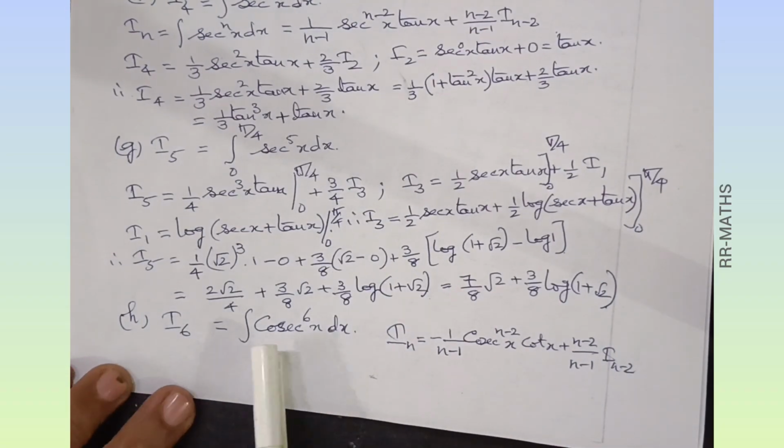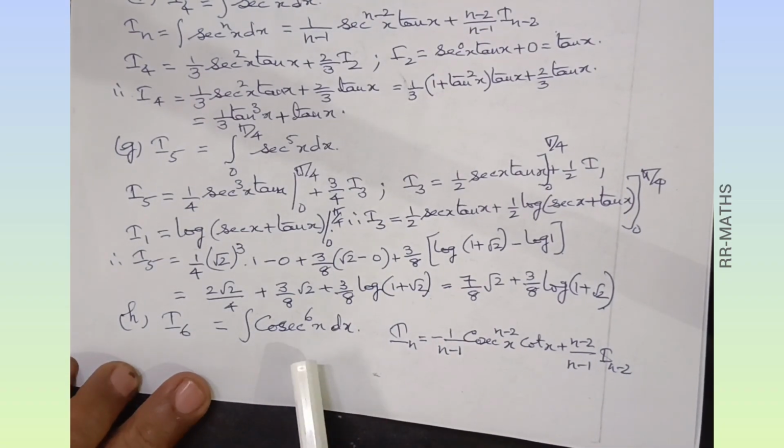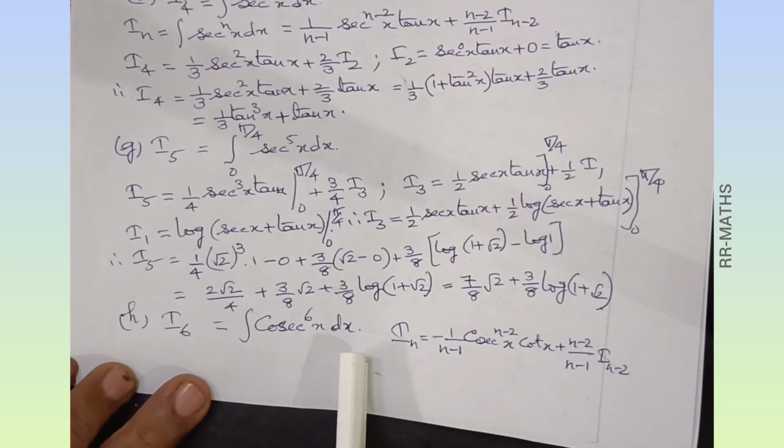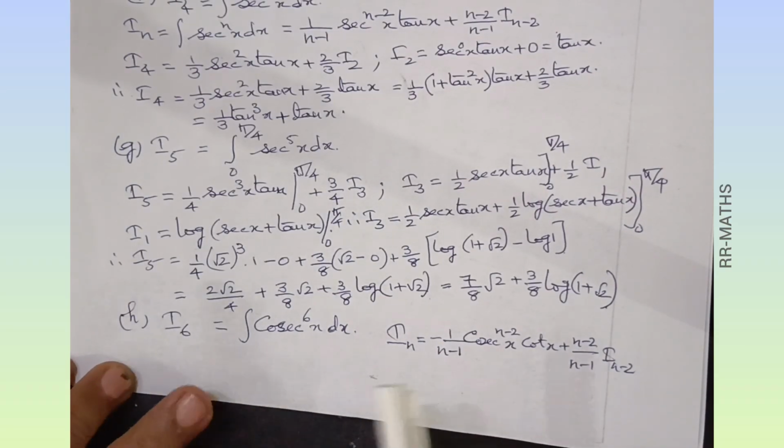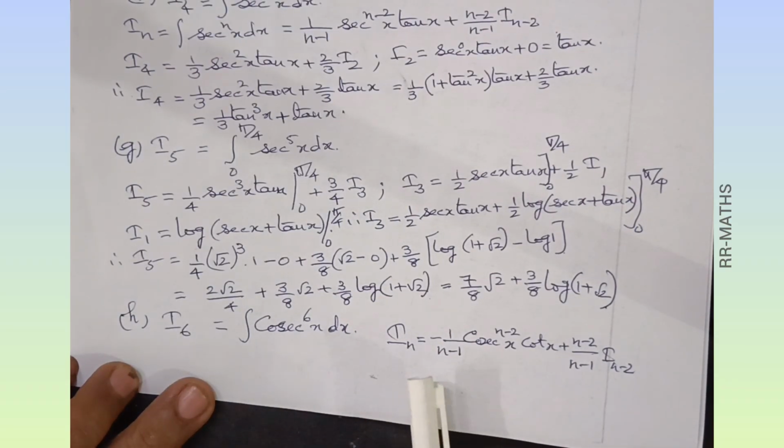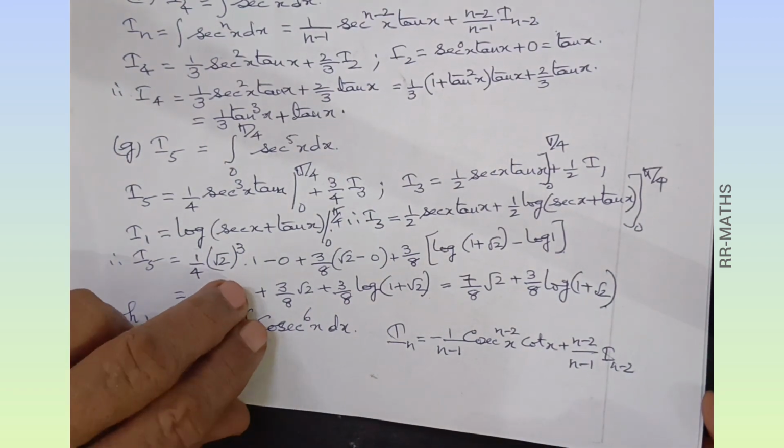Next problem, evaluate integral of cosecant to the power of 6 x dx. I call it as I6 and your formula here I_n is minus of 1 by n minus 1 cosecant n minus 2 x cot x plus n minus 2 by n minus 1 into I_(n-2).